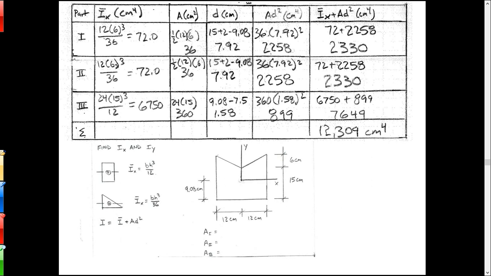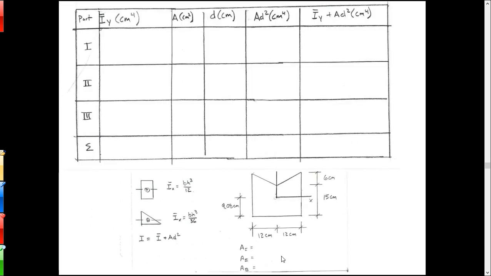The idea is the same, it's just you've got to switch some of the numbers around. What was the base for the x is now the height. What was the height for the x is now the base for this y calculation we're doing, okay? So that's I sub y. Questions?